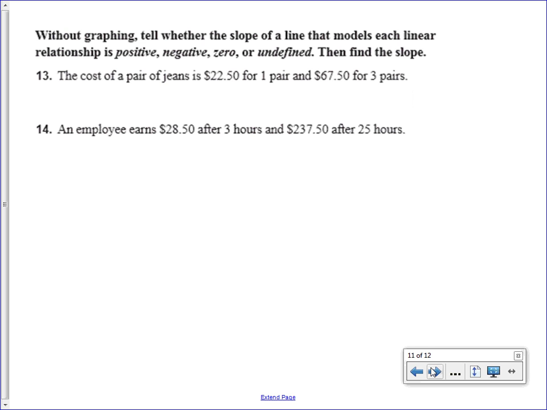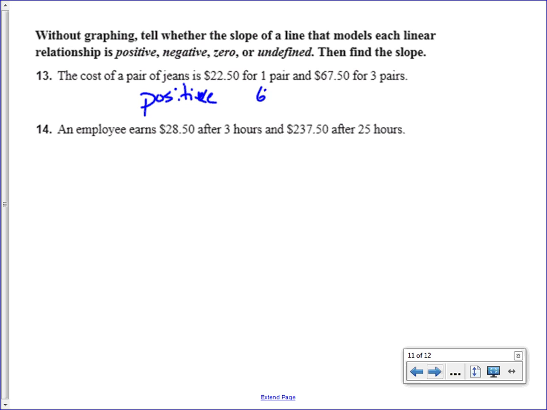So without graphing, tell whether the slope of the line that models the linear relationship is positive, negative, 0, or undefined, then find the slope. So 1 pair of jeans costs $22.50, 3 pairs of jeans cost $67.50. So could we find the rate of change? Is it positive? Yes, it's positive because the prices are increasing. And how would I find the rate of change or the slope?